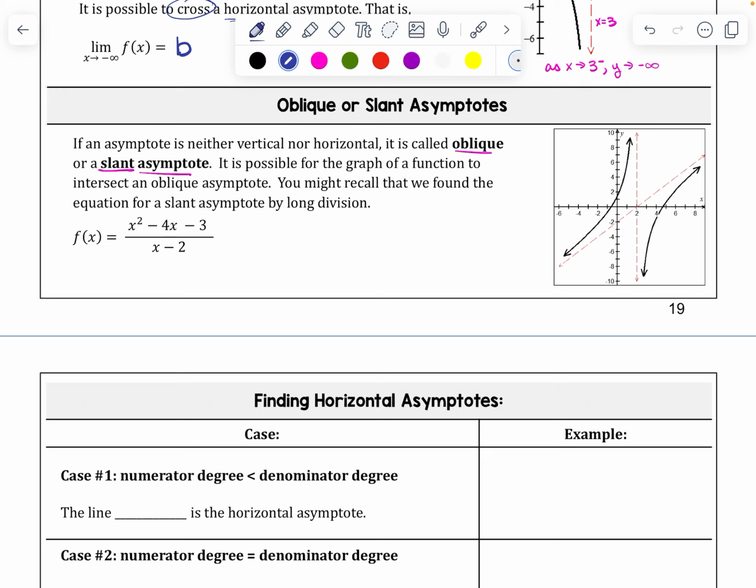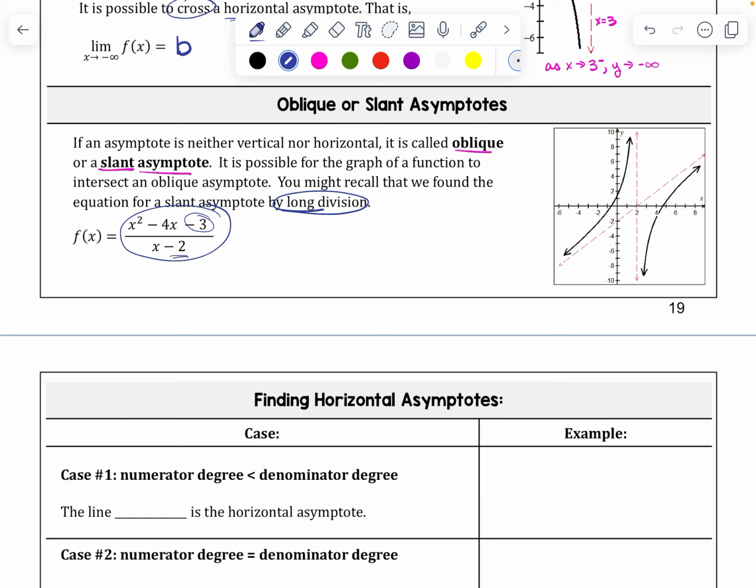These oblique or slant asymptotes happen when we divide by long division. So here I can see I can't factor this. It's not going to cancel out, right? I know that in order to multiply to 3, it's got to be 1 and 3, and I know that's not going to factor with this -2. So what I'm going to do is use synthetic division. Dividing by x minus 2 means I put 2 in the box. My coefficients are 1, -4, and -3.